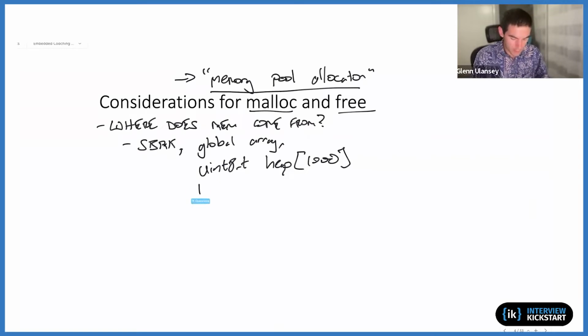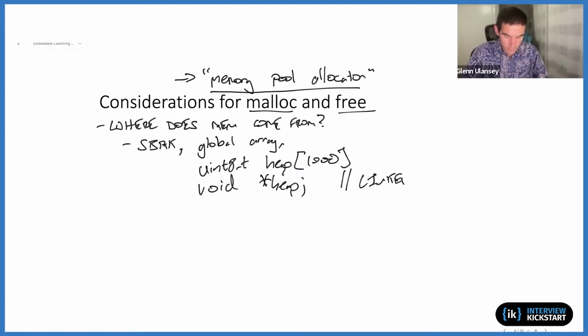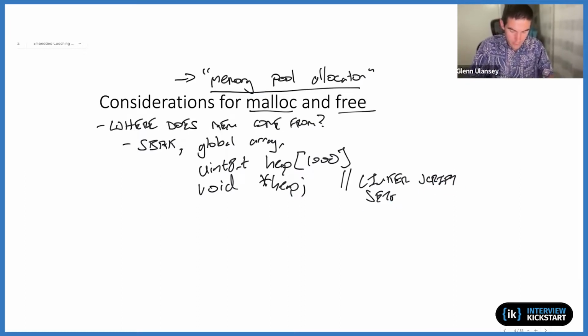In other words, it might just say, I'm going to define a global variable called heap, and the linker script sets the address and actually allocates some space.